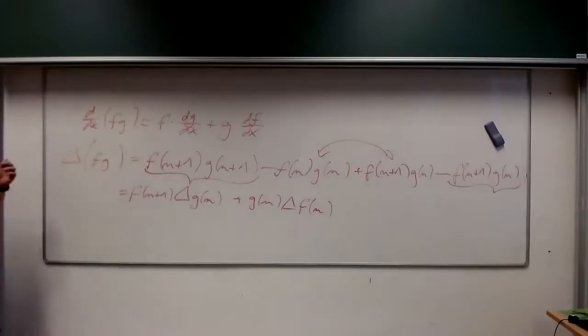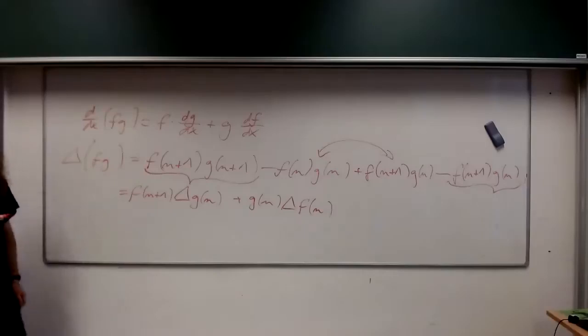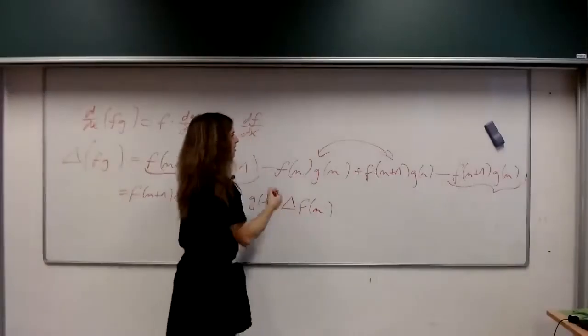And of course, when we have a Leibniz rule, we can sort of invert it to do some sums. Because, of course, we have integration by parts.